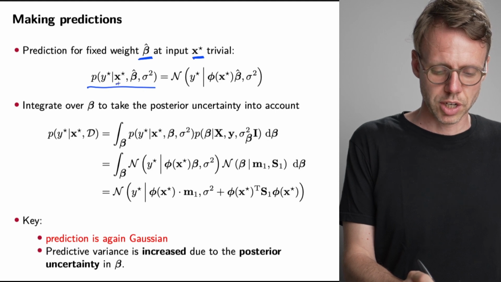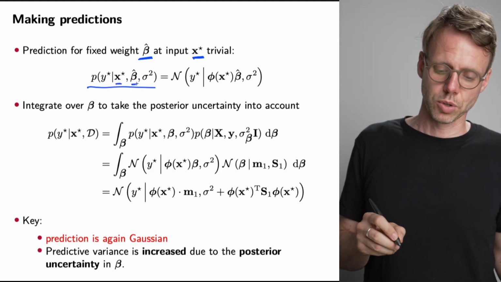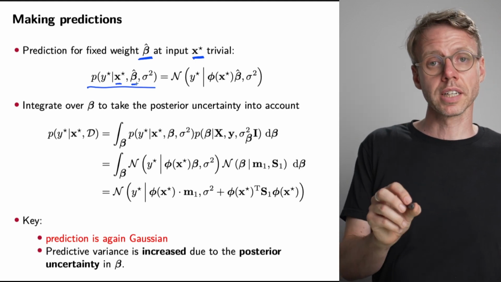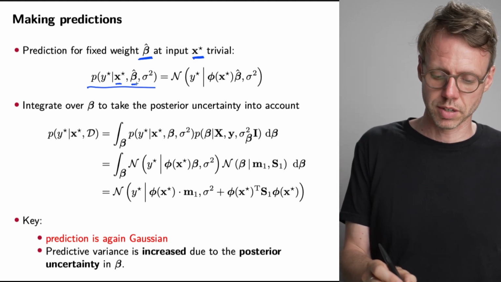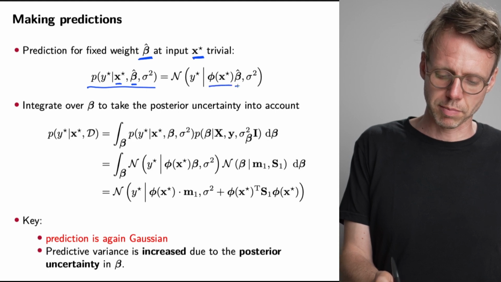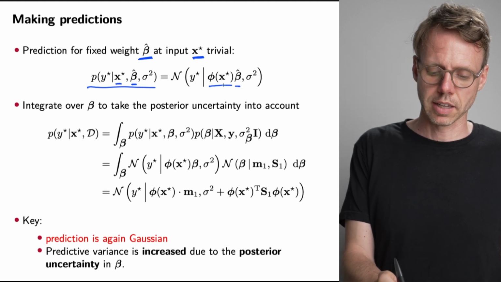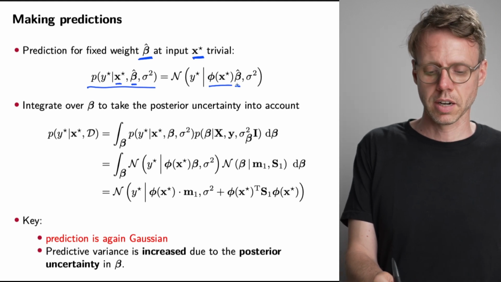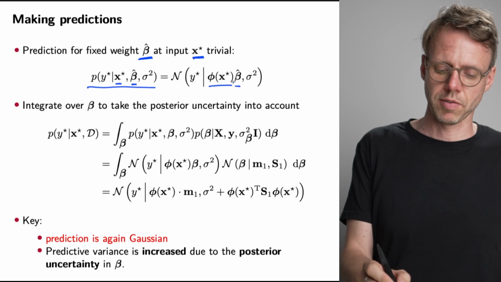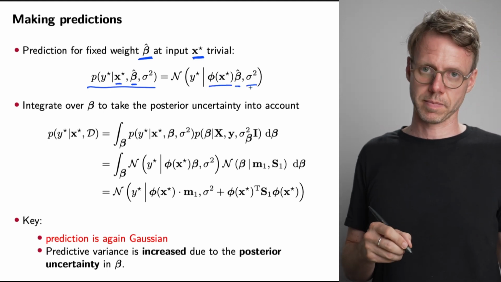We condition it on x star, plug in our weight estimate to compute the predictive likelihood distribution. So we would say that the mean is given by our linear regression prediction, which is phi of x star times our fixed weight estimate beta hat, and our data variance.